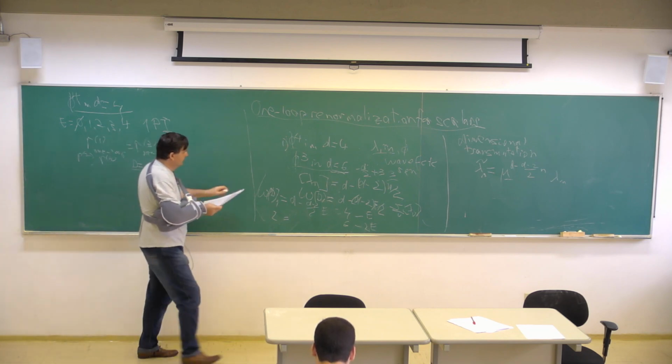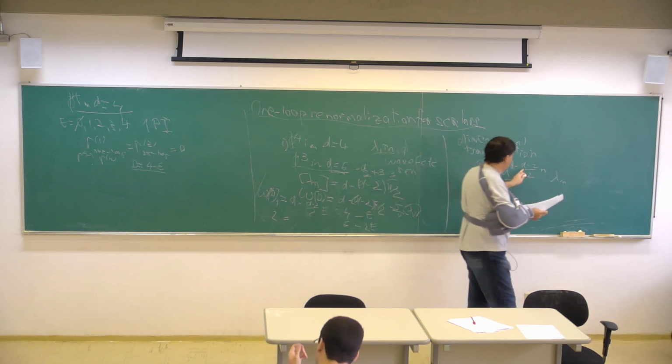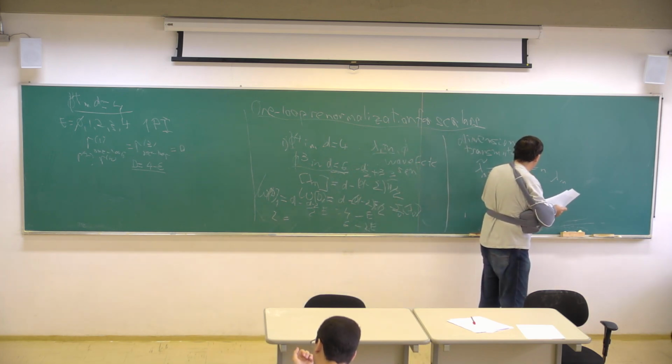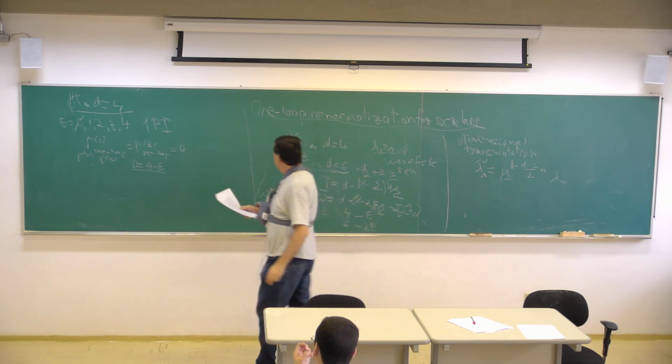Then if you look at this, n equal to 4, d equal to 4 will give 0.